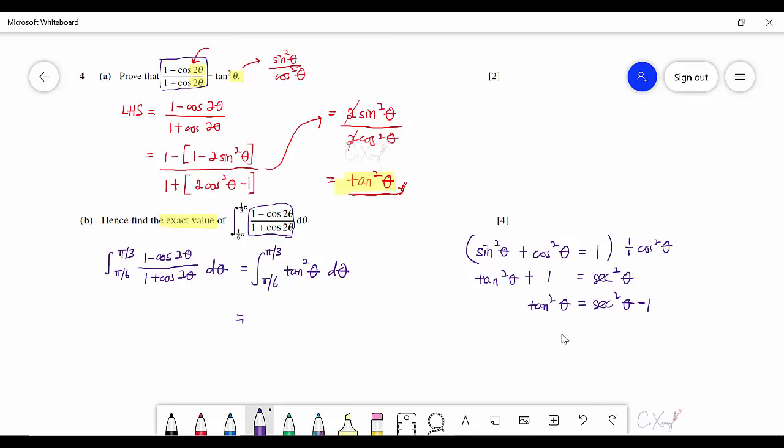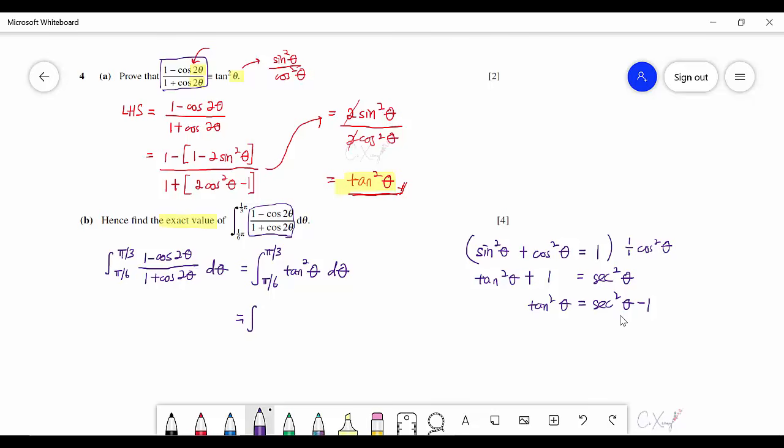So I cannot integrate tangent square theta straight away, but I can integrate secant square theta, which becomes tangent theta, because differentiating tangent gives secant square. So it is the opposite process. When you integrate 1, you straight away get theta. So this is the expression that I can integrate straight away.